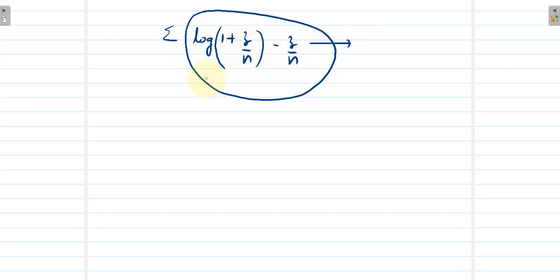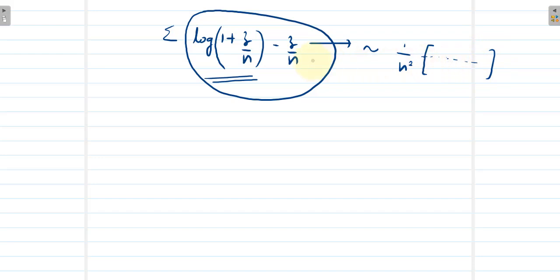If we expand log 1 plus z over n, we get z over n minus, and the next term will be 1 upon n square into something, then the next term will be 1 upon n cube into something, and the first term z upon n gets cancelled by this minus z upon n. So we get the terms from 1 over n square and the higher powers, and if we take 1 over n square common, we get a series there.